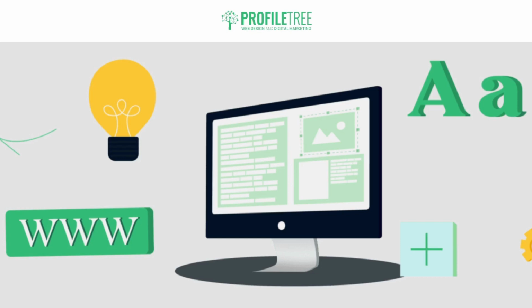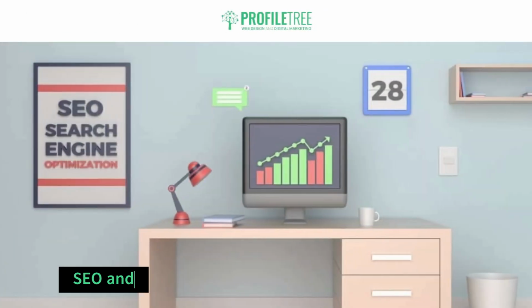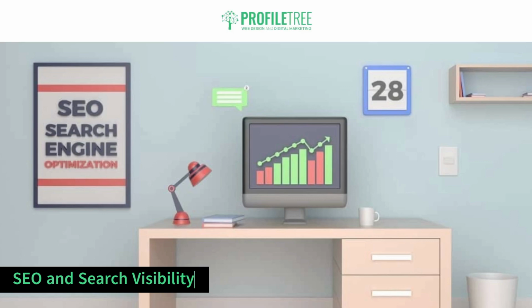And of course, that's a better tactic for business as well. Again, a user would appreciate a website that loads quickly and functions smoothly, and will often choose them over slower alternatives. We'll go ahead and talk about SEO and search visibility in mobile first design.